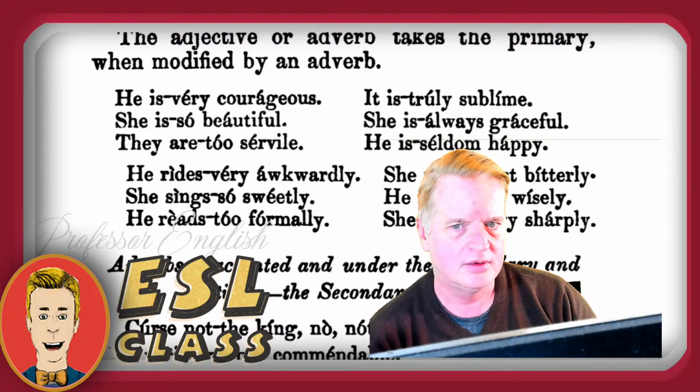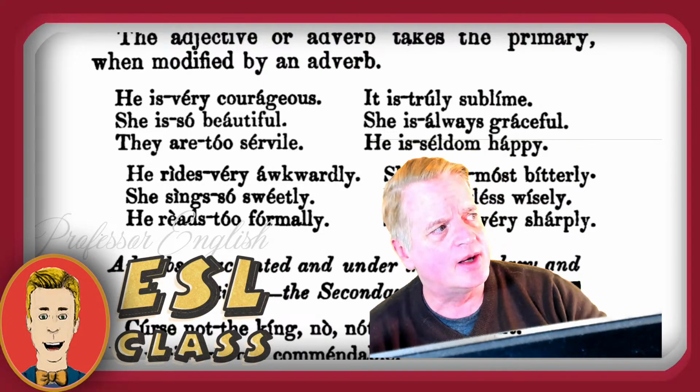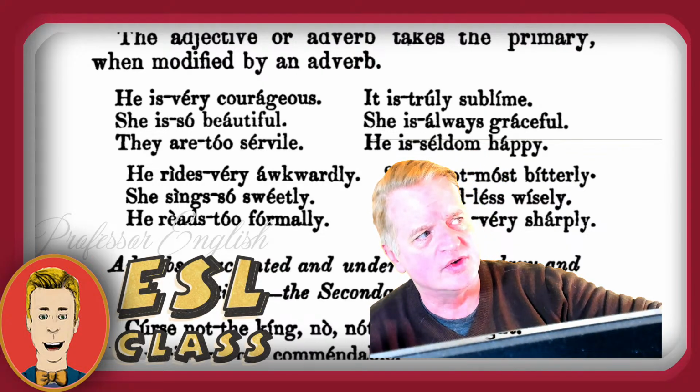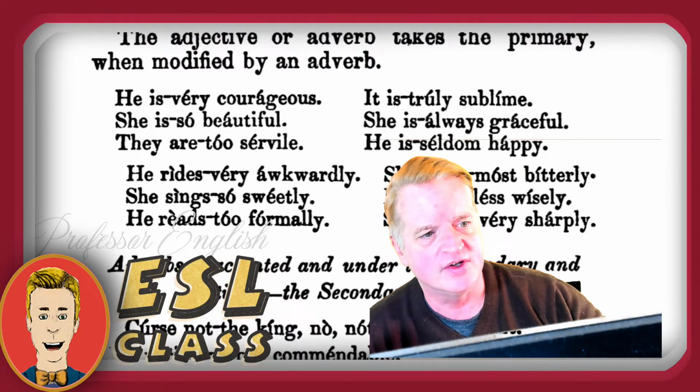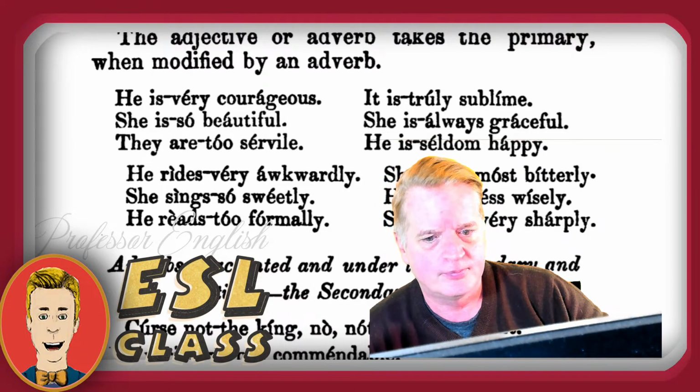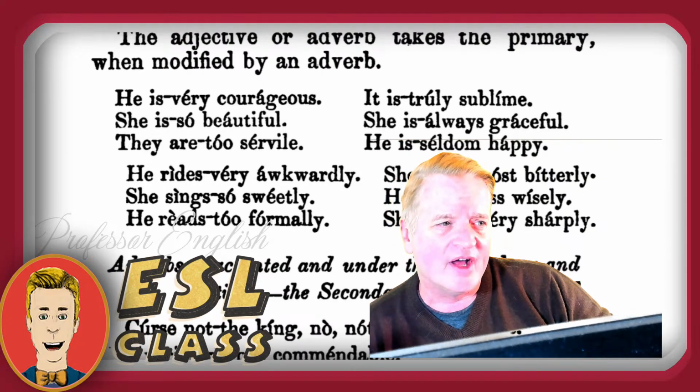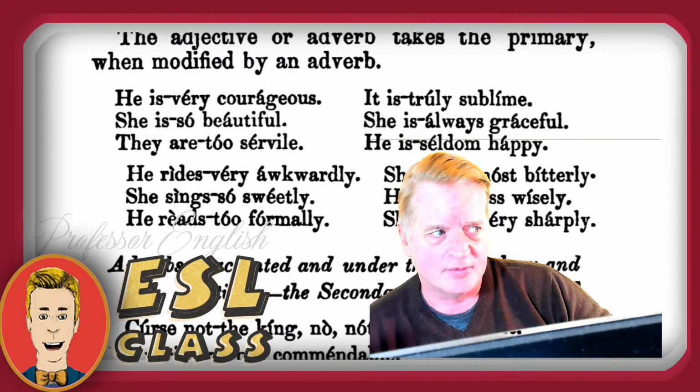How about the next line? Servile. What does servile mean? Well, that comes from the same word as serve or servant. What do you think that means? I thought it is from surveillance camera. Oh, that comes from a different word. That comes from survey. So that's a different word.